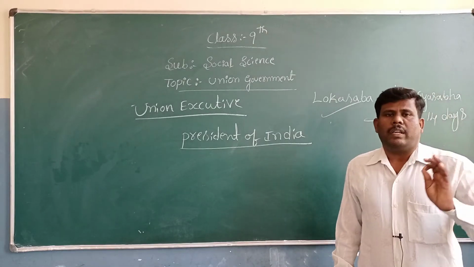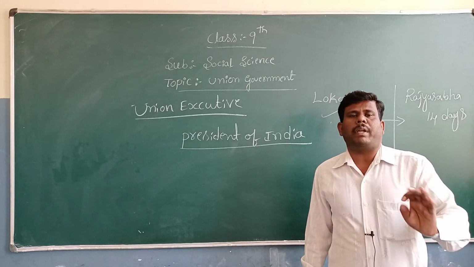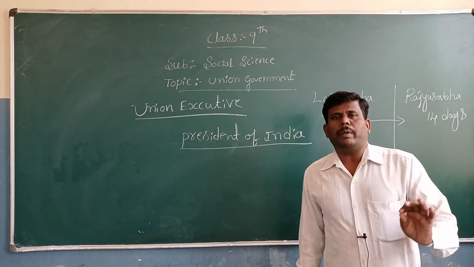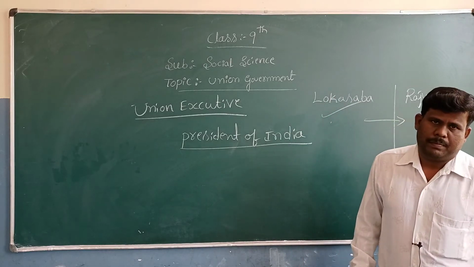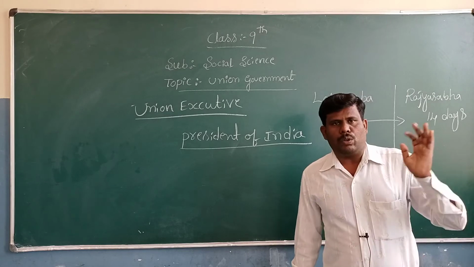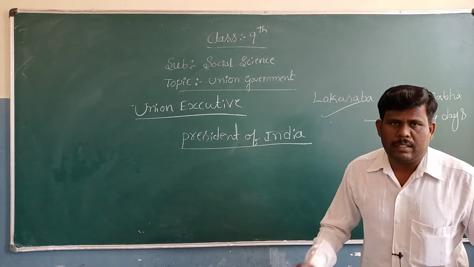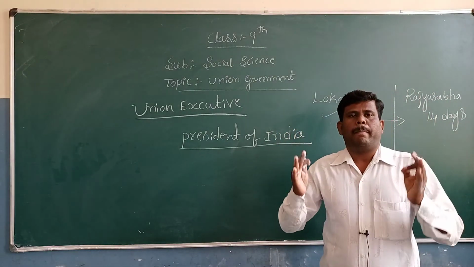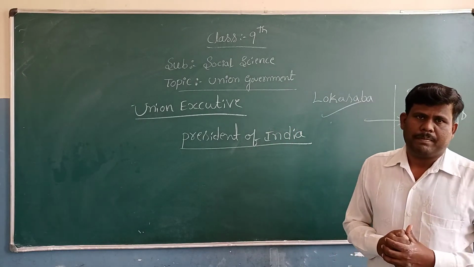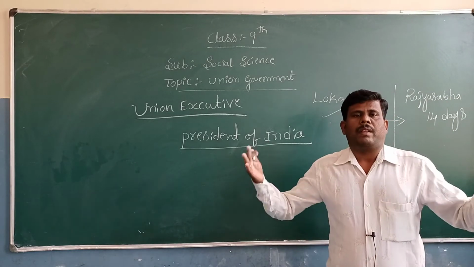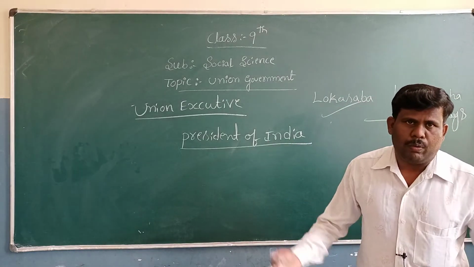He should not be declared unsound-minded. He should not be punished by any court of law. And he should possess all the qualifications necessary to become a member of Parliament. Like this, the President of India must have all these qualifications.